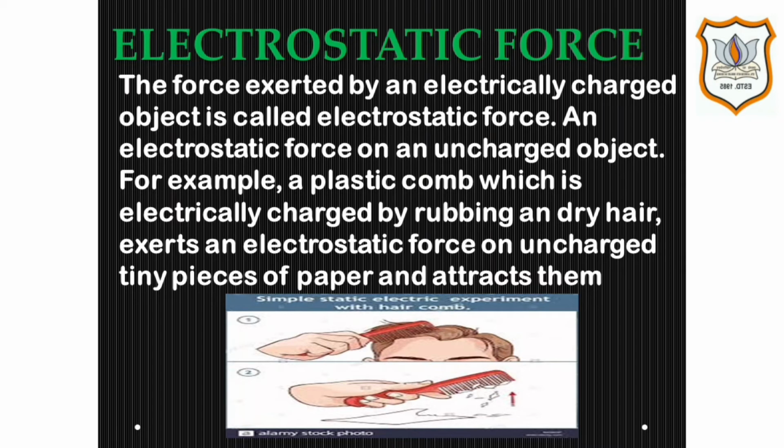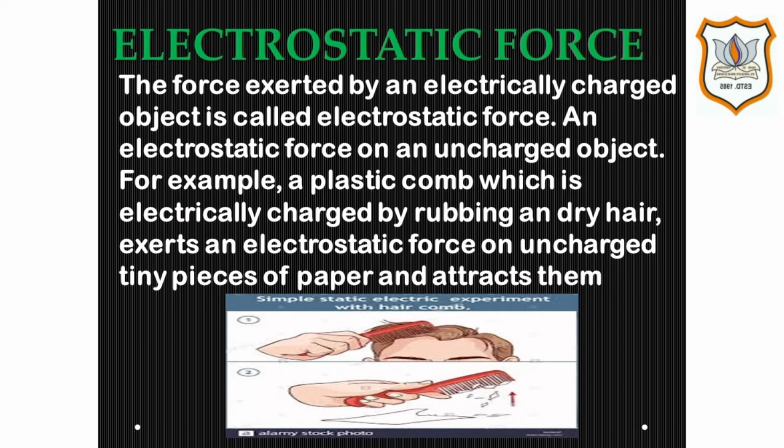For example, a plastic comb or a plastic pen, which is electrically charged by rubbing in dry hair, exerts an electrostatic force on uncharged tiny pieces of paper and attracts them. So let us discuss it in detail.